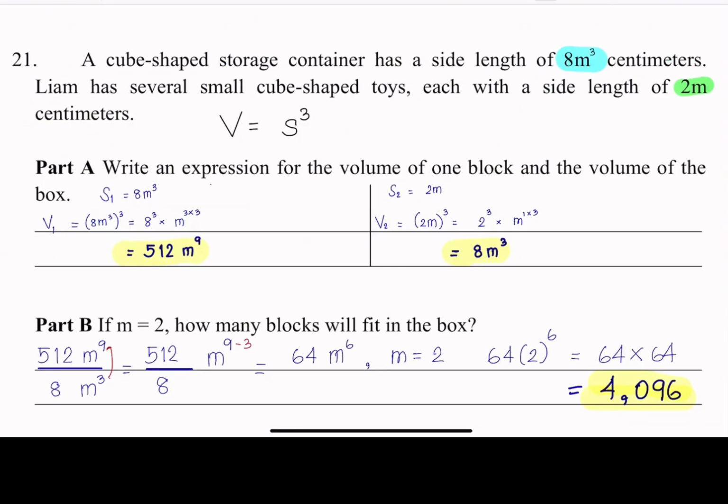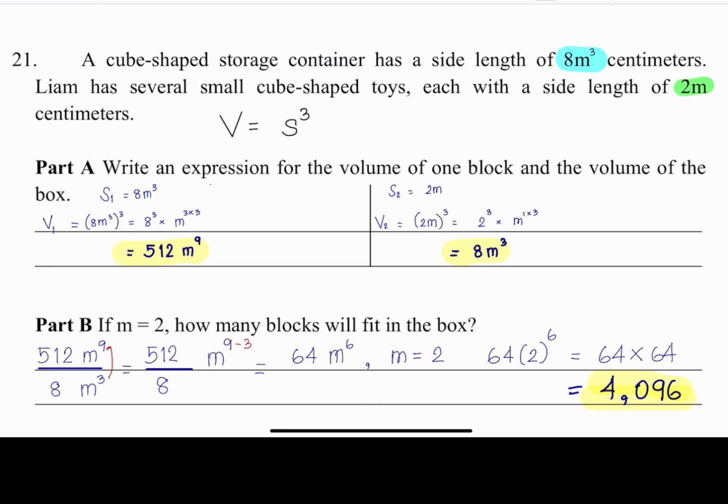Question number 21. A cube-shaped storage container has a side length of 8m cubed centimeters. Liam has several small cube-shaped toys, each with a side length of 2m centimeters. Part A. Write an expression for the volume of one block and the volume of the box. So let's say the first one here is the volume of the box, or the container box.